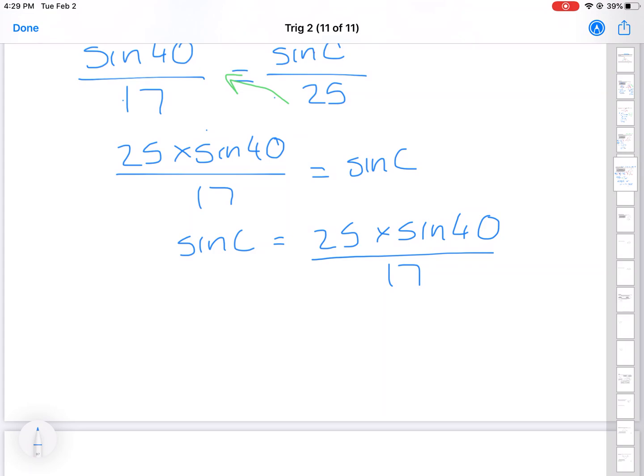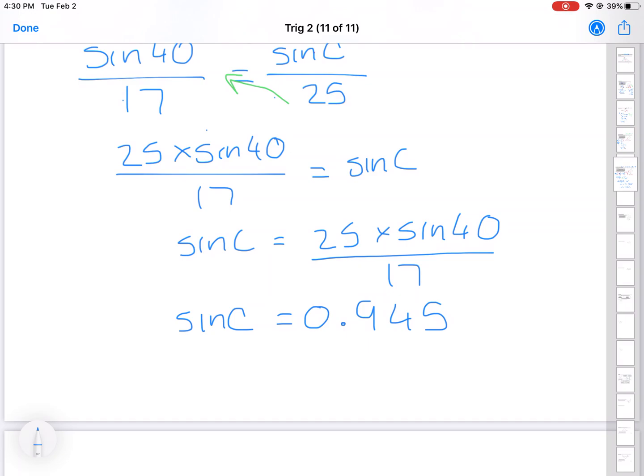Now the next thing we need to do is to get a number for sine C. That would be 25 times sine 40 equals, then divide that by 17 and we get 0.945. Now I'm going to ask you to take that to 3 decimal places or keep it in your calculator.